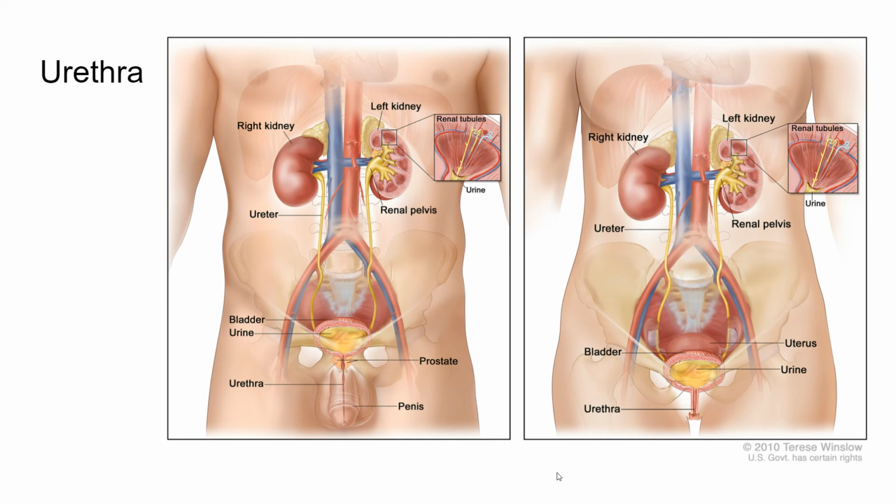So you have an internal urethral sphincter, and so this internal sphincter that controls the flow of urine is an involuntary function, and so when it contracts, it opens. It's a little opposite of what you would think. And then you have an external urethral sphincter, which is a voluntary control. And this has to do with your pelvic floor muscles.